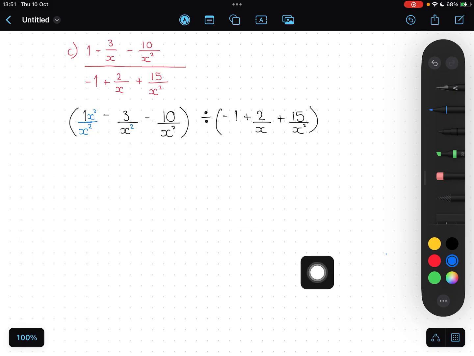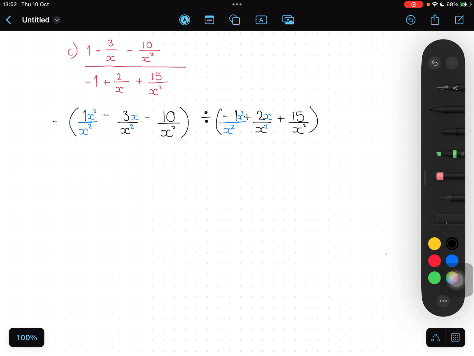And this denominator had to be multiplied by x, which means this numerator also has to be multiplied by x. It's the same thing over here. The lowest common denominator is x squared, which means the numerator has to be multiplied by x squared, and the denominator over here has to be multiplied by x, which means the numerator over here needs to be multiplied by x.